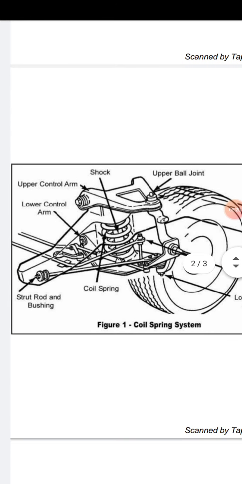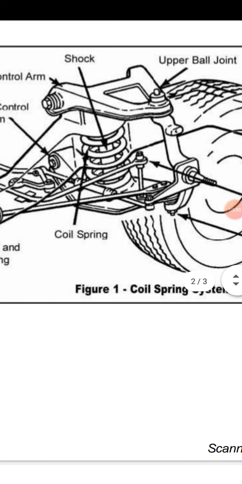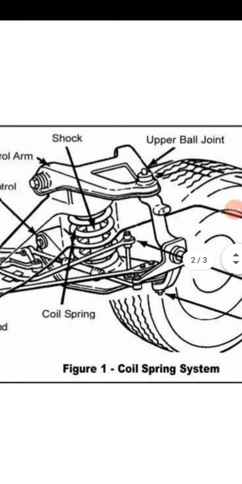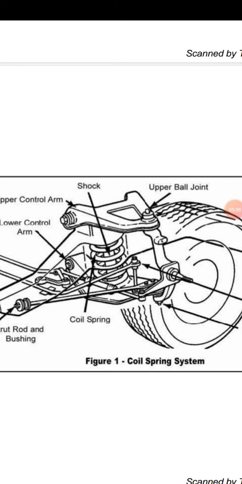You can see here two wishbone arms: this is the upper wishbone arm, or upper control arm, and this is the lower wishbone arm, or lower control arm. In between the two control arms, the manufacturers place a coil spring between the two arms. So this is basically the function of the coil spring in front suspension systems.